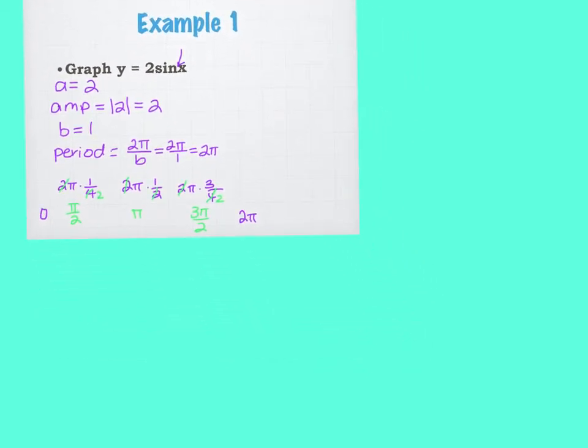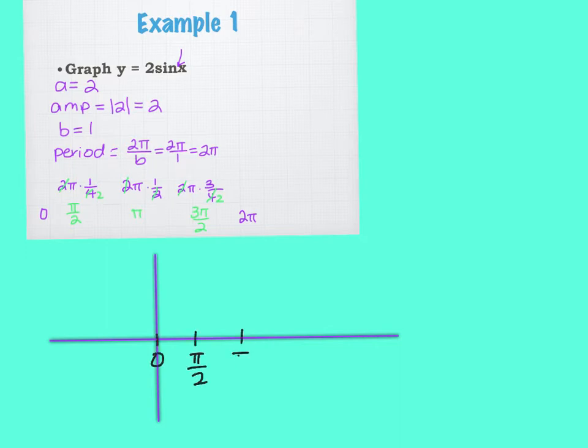Now I'm going to draw an XY axis. I'm going to plot my key points: 0, pi over 2, pi, 3 pi over 2, 2 pi.